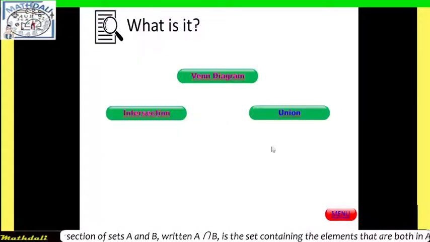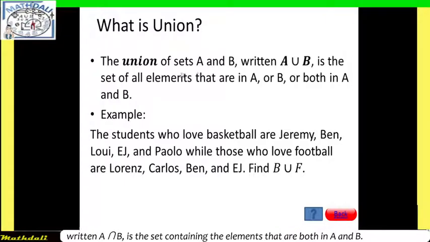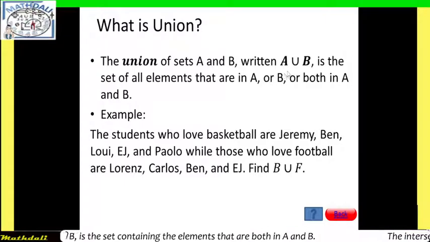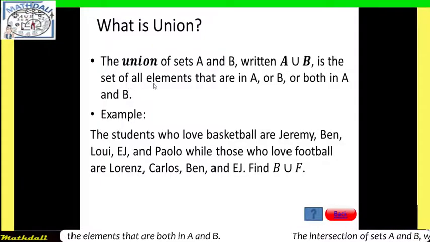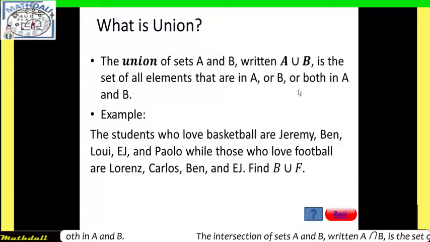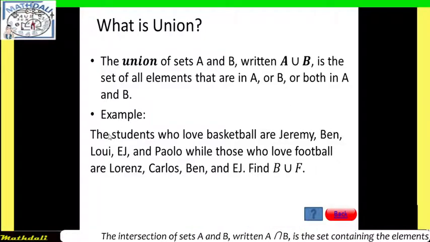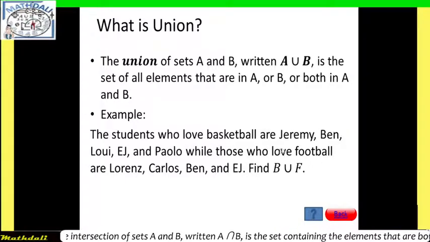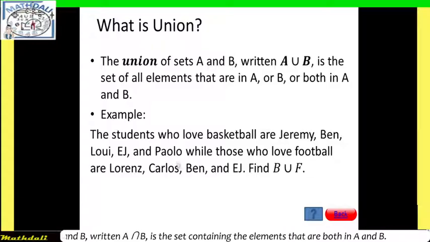That is the union of two set. The union of two set A and B written as A union B, ito yung symbol natin ng union, is the set of all elements that are in A or B or both in A and B. Example, the student who loves basketball are Jeremy, Ben, Louis, EJ, and Paulo.